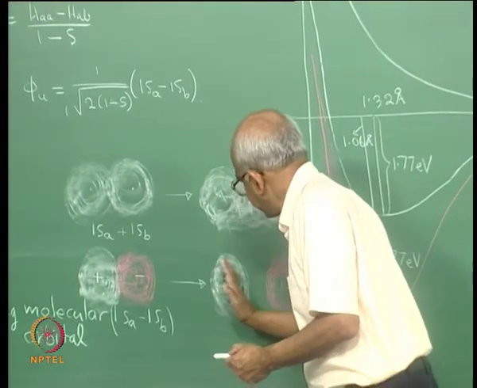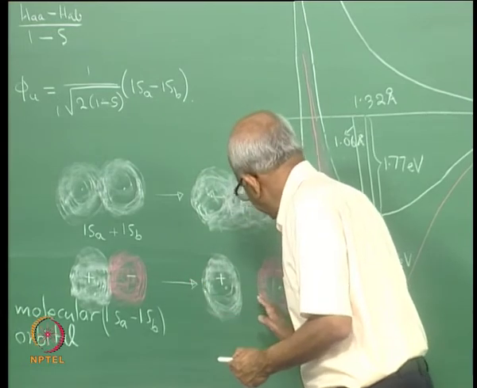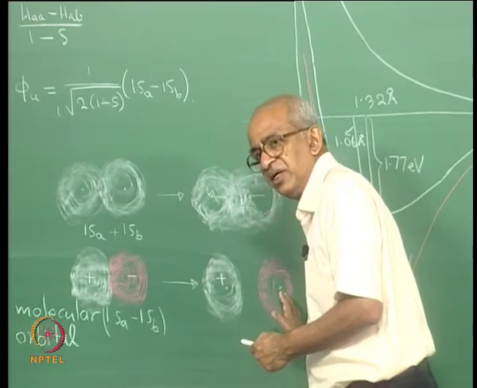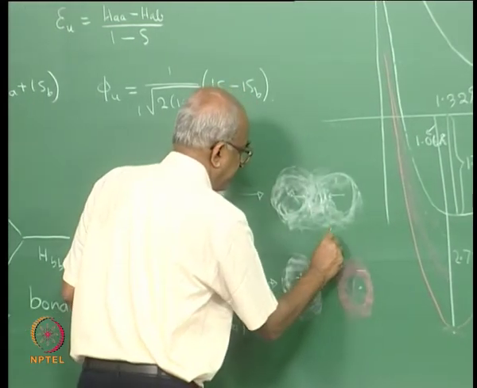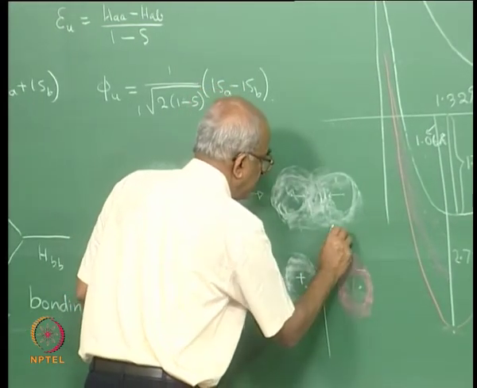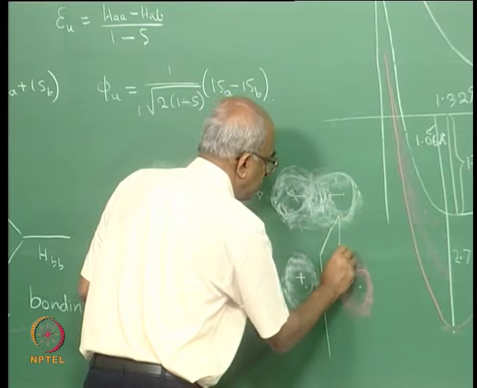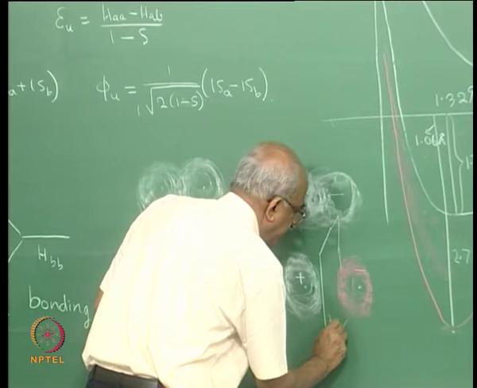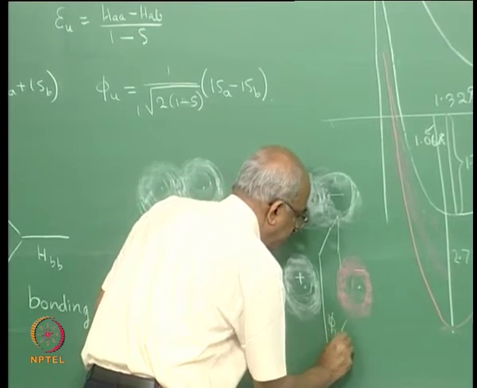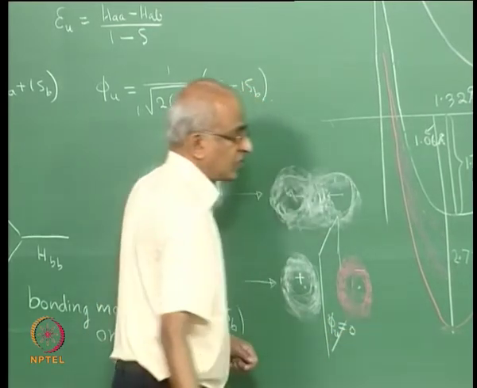On this side of that plane the wave function will be positive, while on the other side the wave function will be negative. So, if I drew a plane like this, on this plane the wave function phi u is equal to 0.